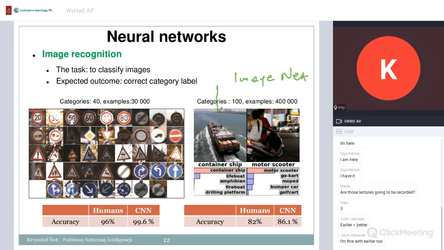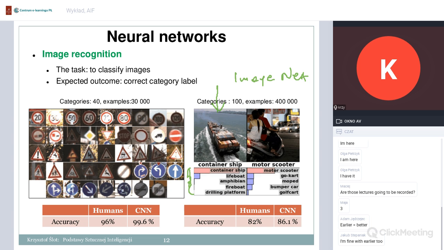The trained network has been presented with this image, and after processing of this image, the network was producing 5 most likely candidates as a response.